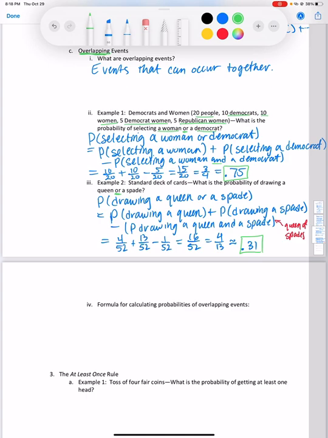Now let's think about a formula. Generalizing these situations, we'll think about a formula.